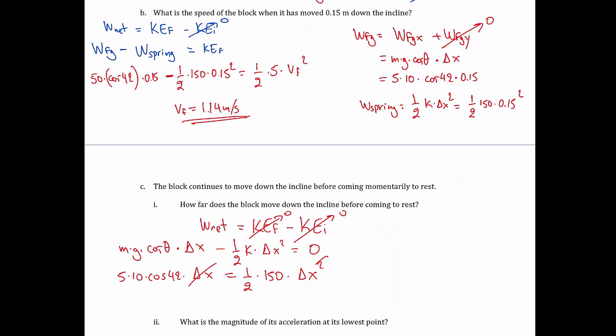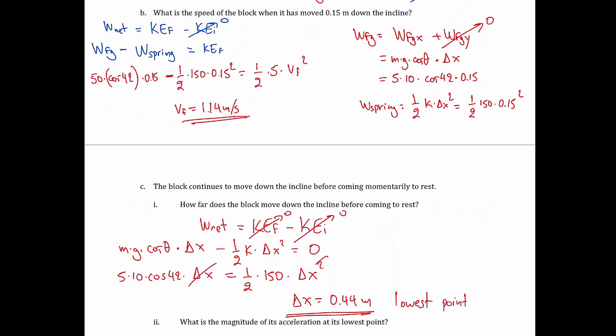And if we solve for this delta x, we'll find that the delta x is equal to 0.44 meters. So this is the distance that the block travels down, and it comes to rest. So actually this is the lowest point on the inclined plane.